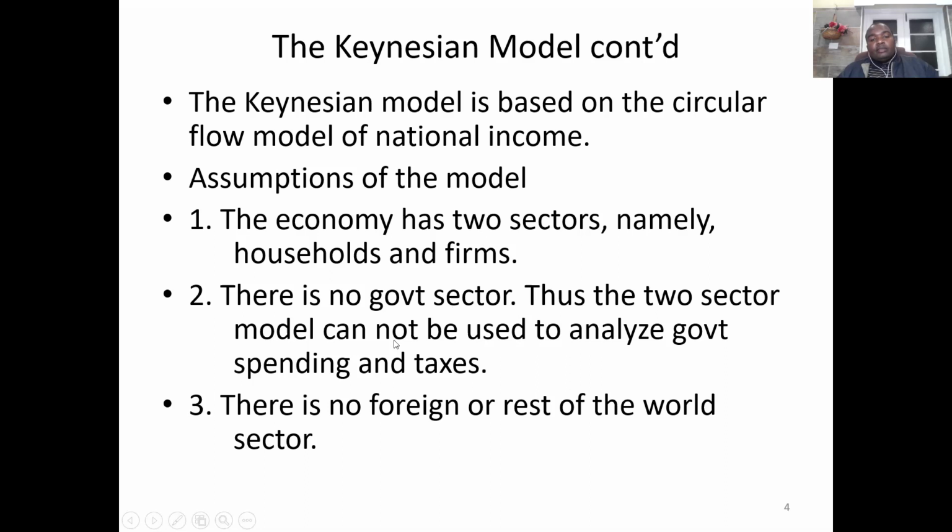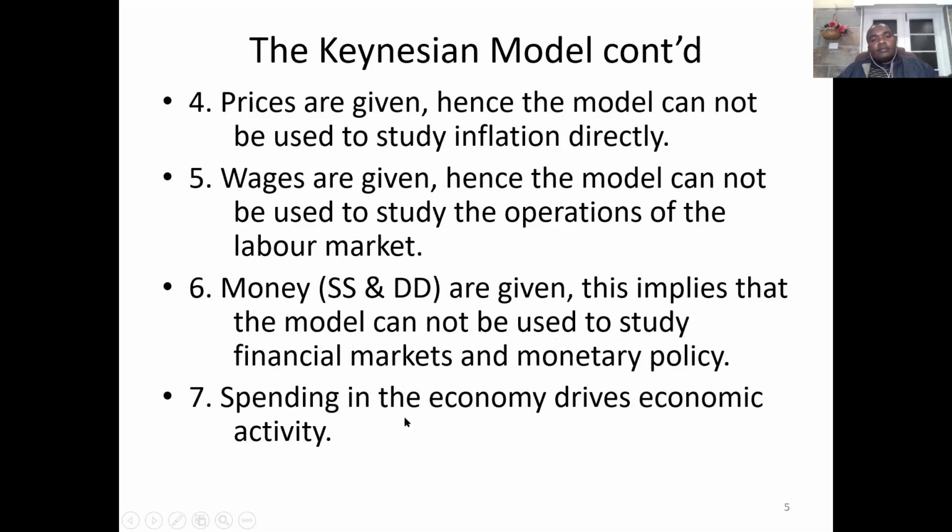Thus, the basic simple Keynesian model assumes that there are two sectors in the economy, which implies that we can't analyze government spending and taxes. We assume that the rest of the world sector or international trade does not exist.